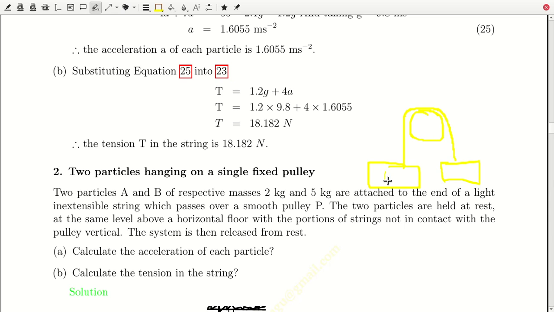This is the 5g particle, and here we have the 2g particle.